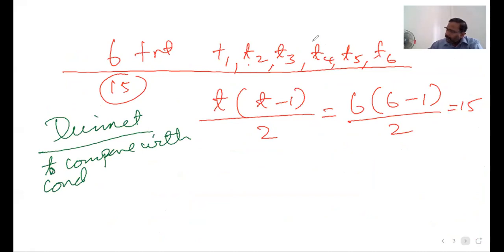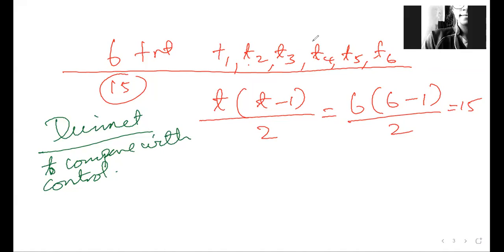Maybe when you are starting your 4-2, then you will come up with control. What do you mean by control? There is no treatment.